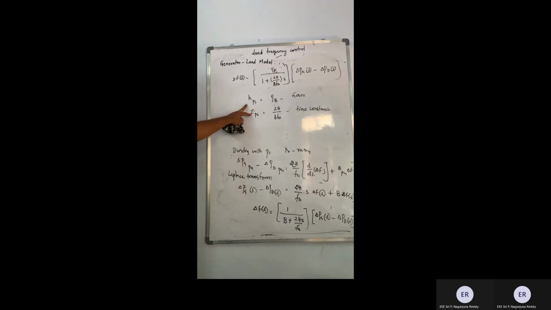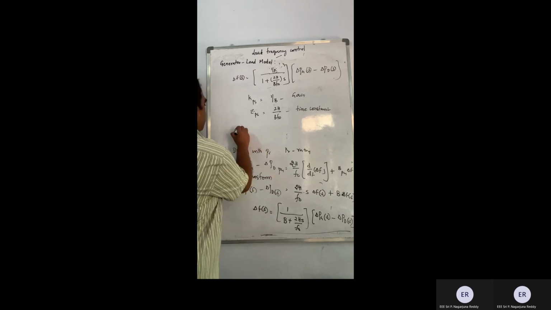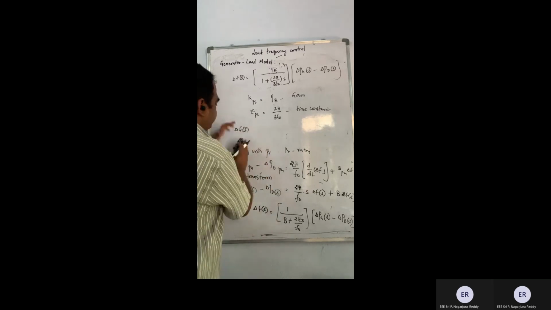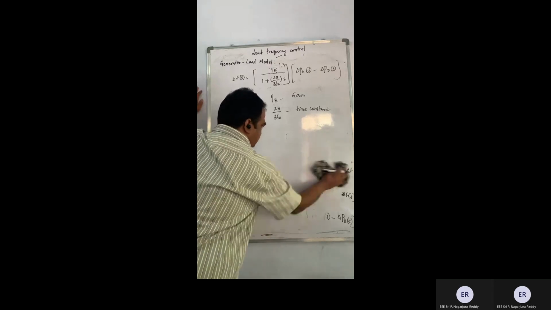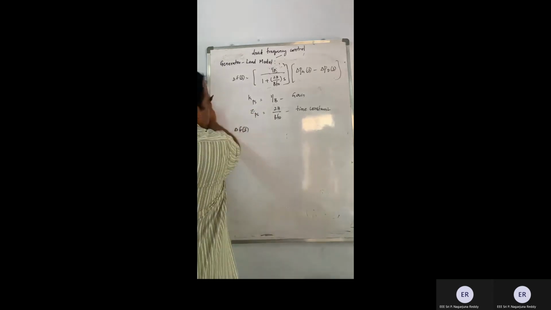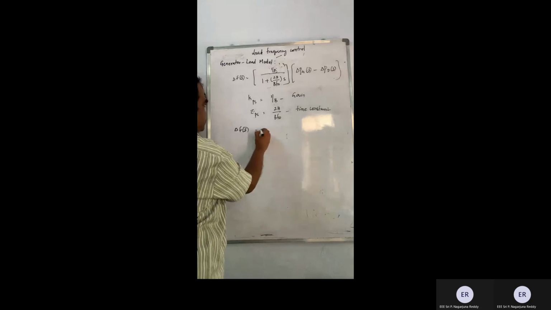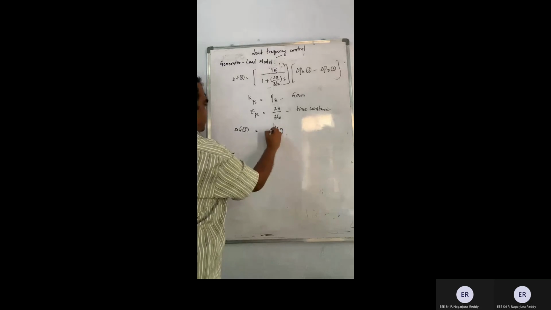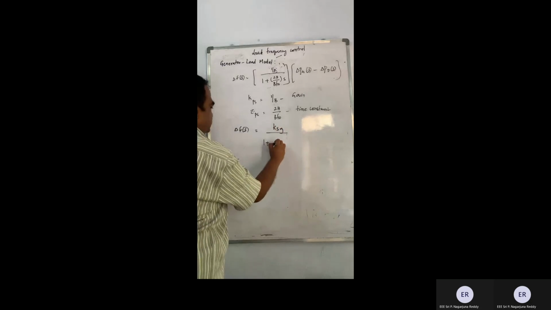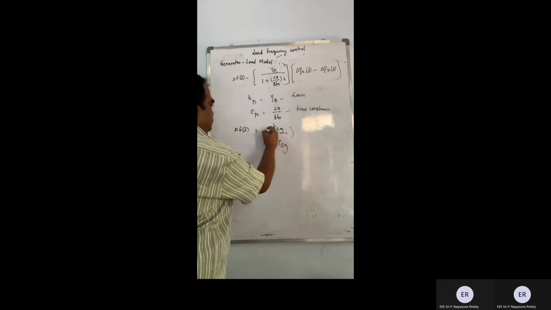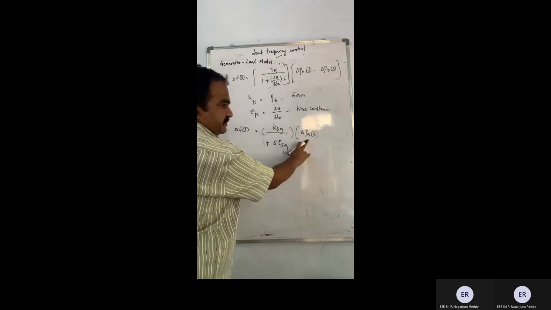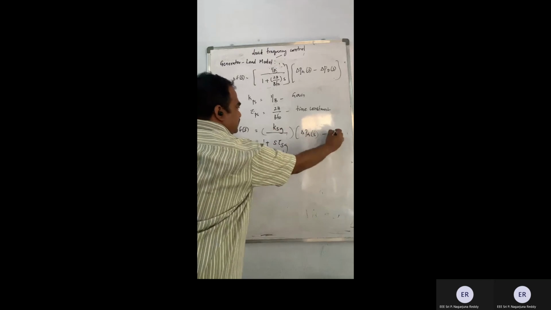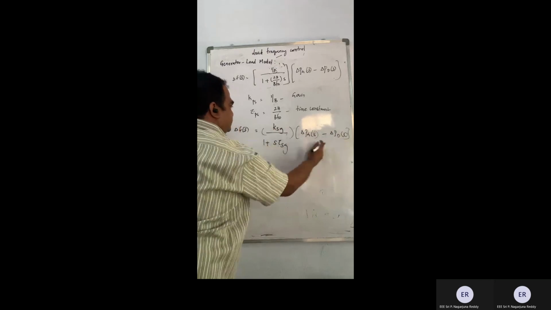Now, carefully see, this delta F of S is equal to Ksg by 1 plus S into tau sg into delta Pg of S, which is coming from the turbine, minus delta PD of S, which is coming from the load.